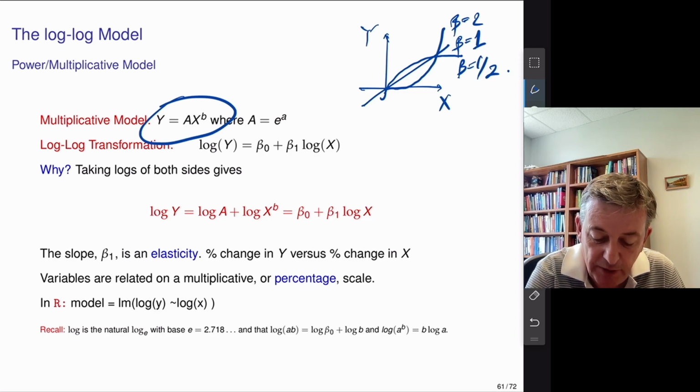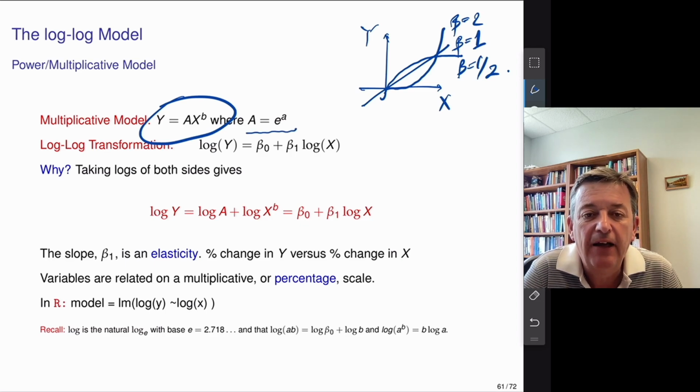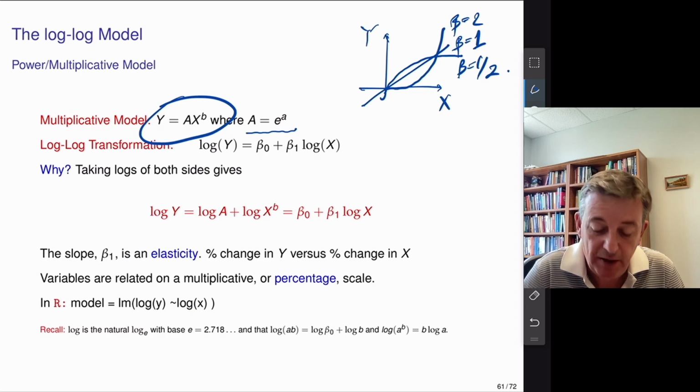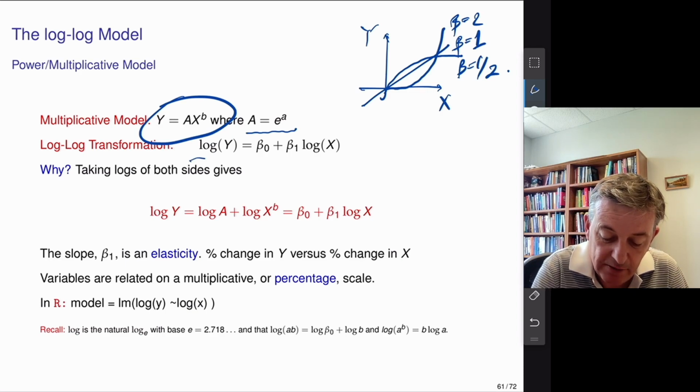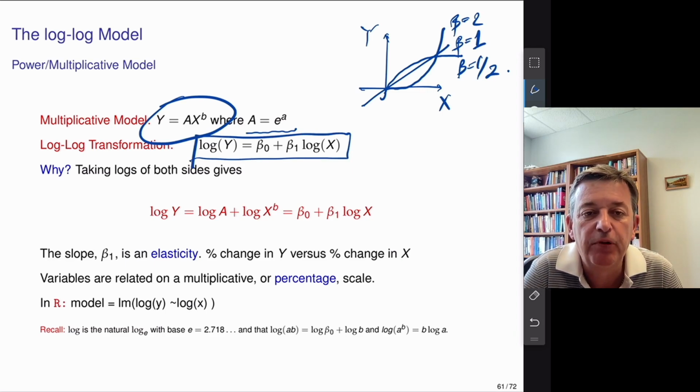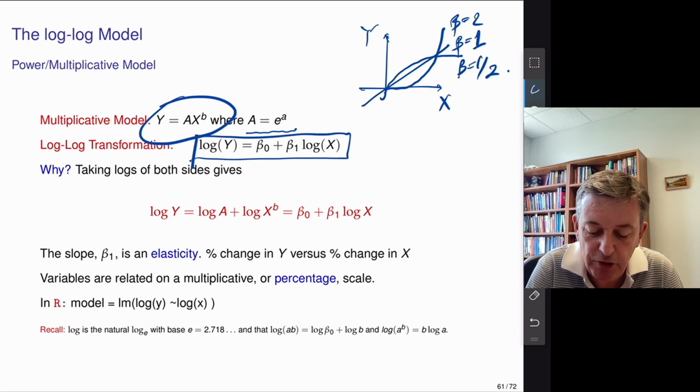Just for notational convenience, let big A be equal to e to the little a, and then I can think about taking logs. So let's think about this model here and try and match it up with what we would get up top. So here's our usual regression model. This is just a simple linear regression that we can fit in R with the lm command.